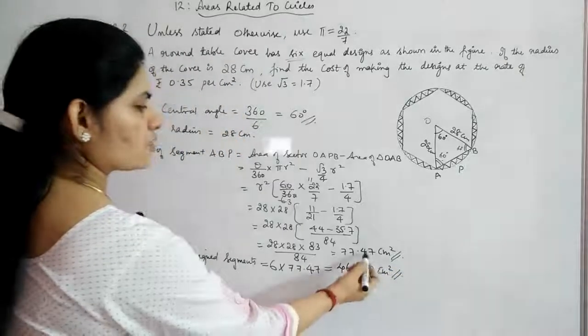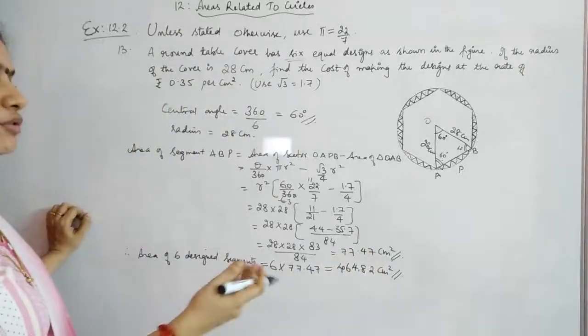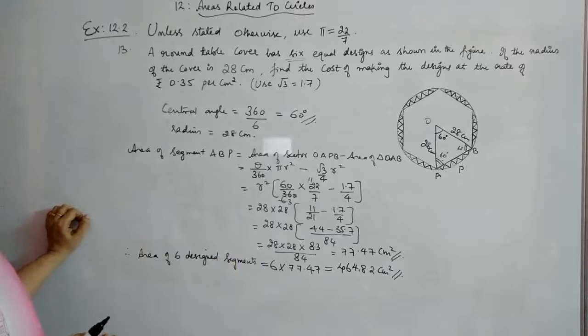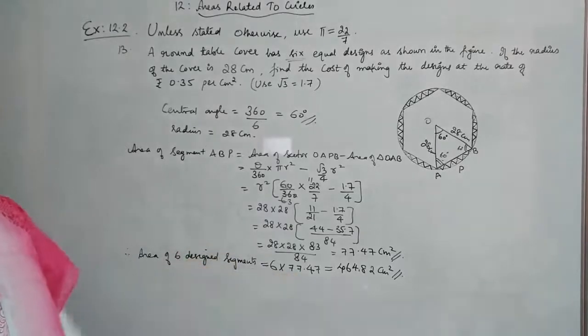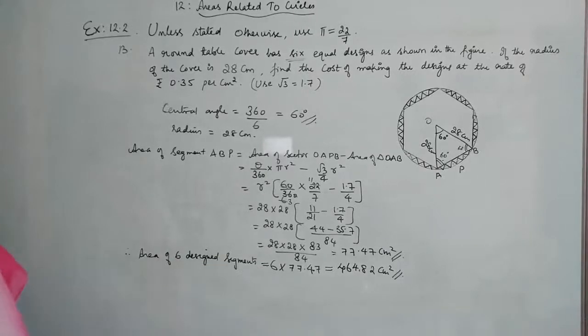Here again, this is 77.469. We have just approximately taken it as 77.47. Then 6 into 77.47, that is giving you the area of 6 designed segments, 464.82.